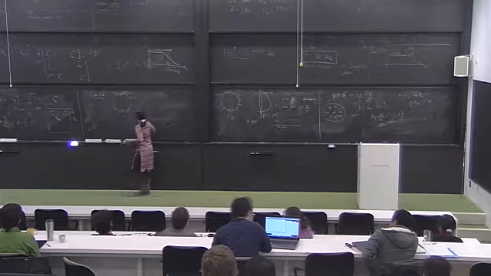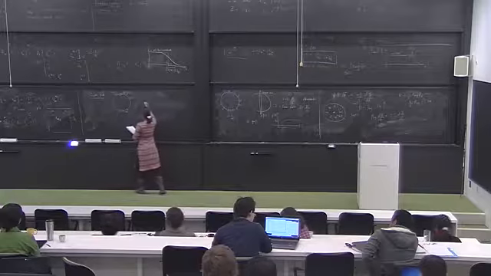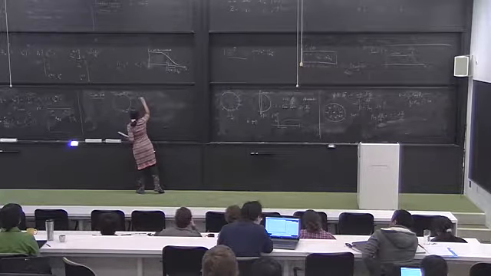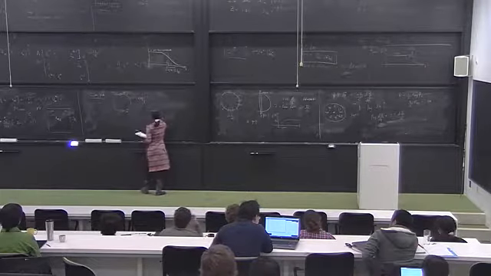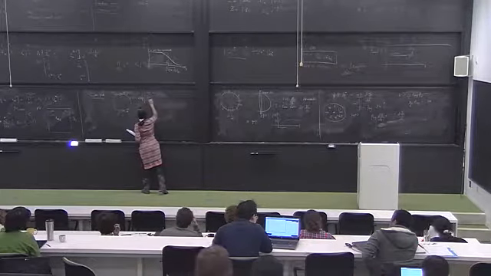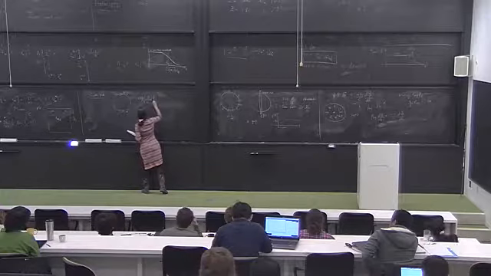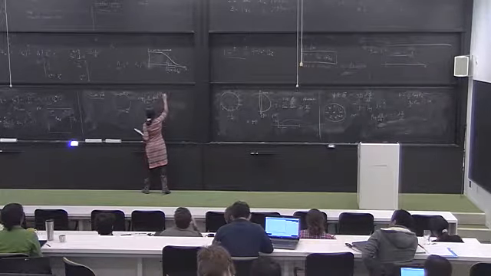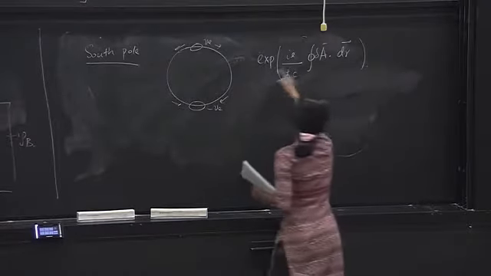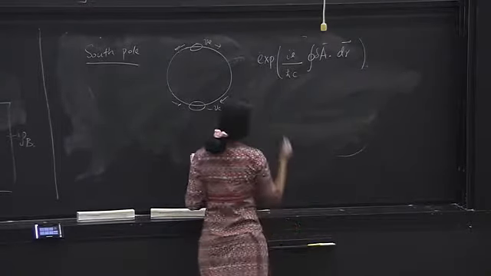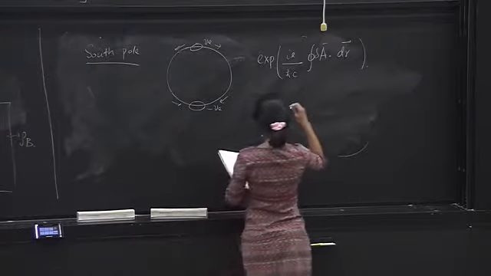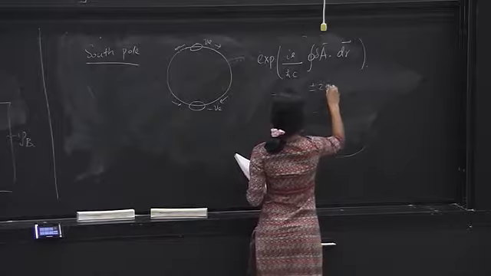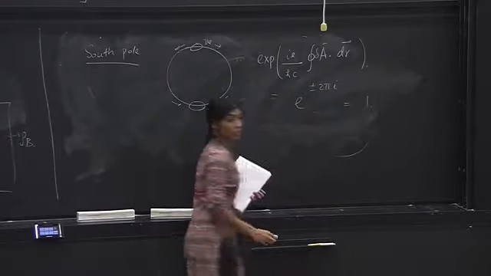Okay, so why is this one flux quantum special? Well, it turns out that the Aharonov-Bohm phase picked up by electrons when they see a flux quantum, this is the Aharonov-Bohm phase, the extra Aharonov-Bohm phase picked up because of my inserting this extra flux quantum through the system, ends up being just one.